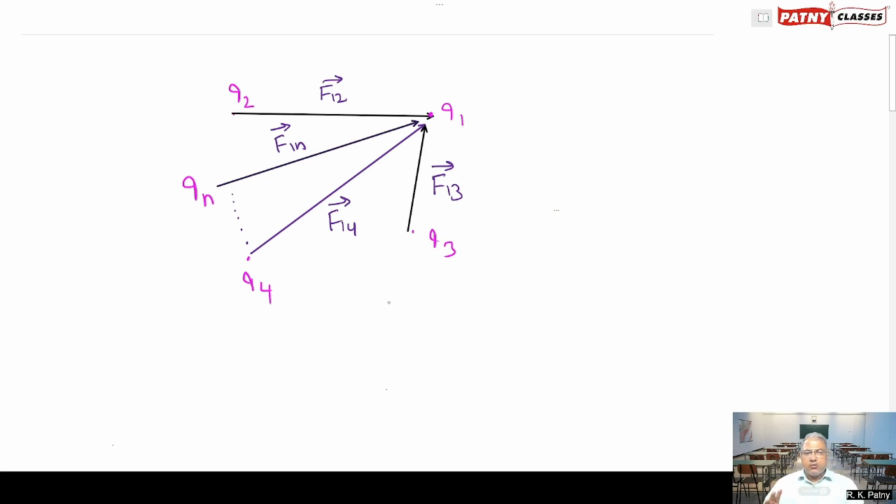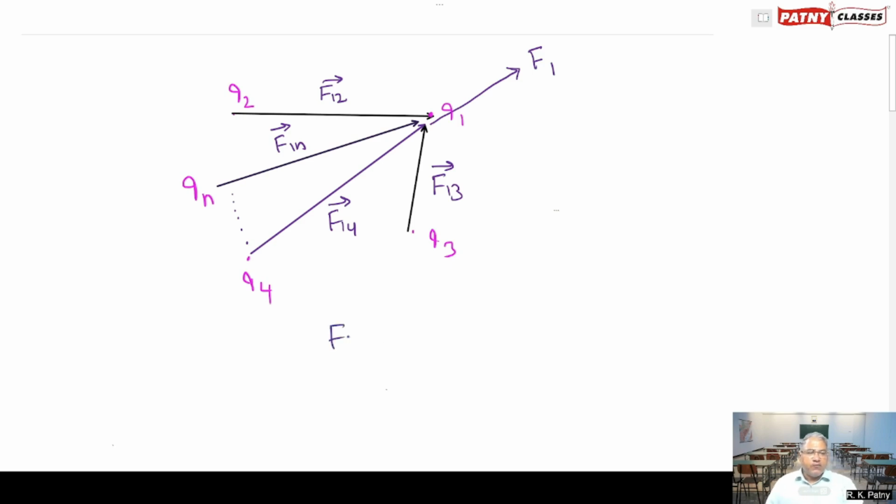So whenever you want to apply the principle of superposition for a given charge, for example the charge Q1, then we calculate the force acting on Q1 due to the rest of the charges. How much force is acting on Q1 due to Q2, how much due to Q3, due to Q4, and so on up to Qn. Now here we assume that the resultant force acting on Q1 is vector F1, the resultant due to all the forces.